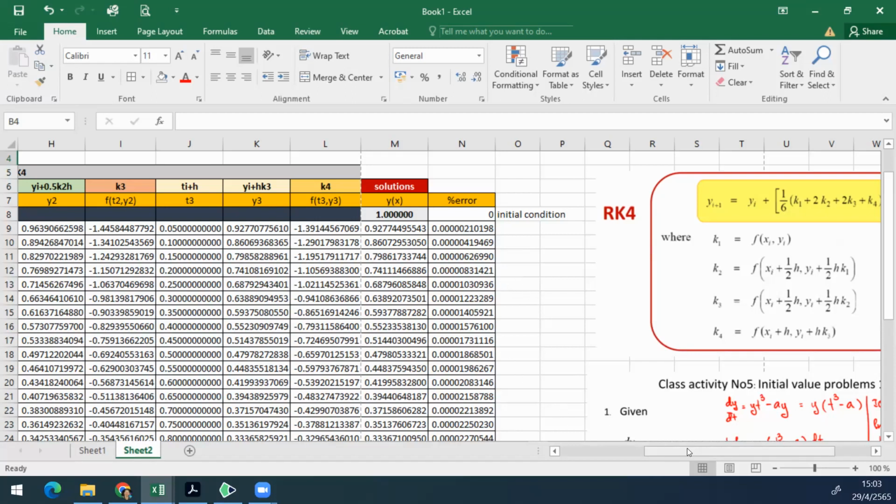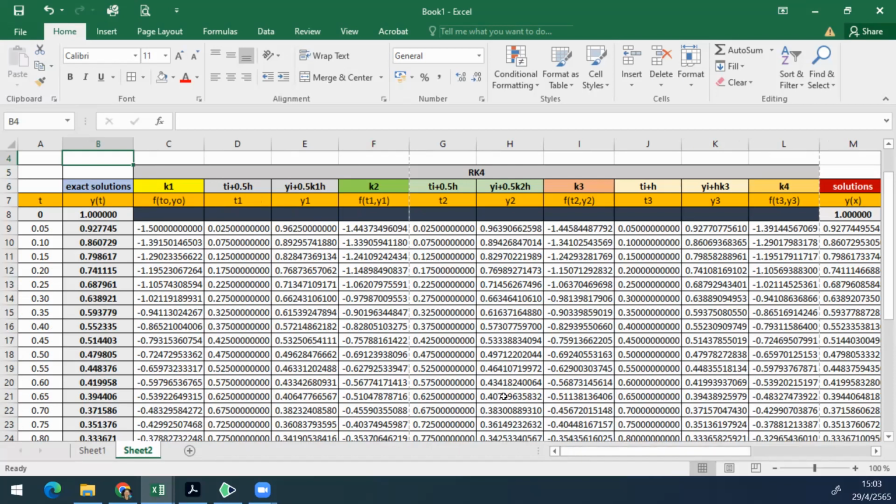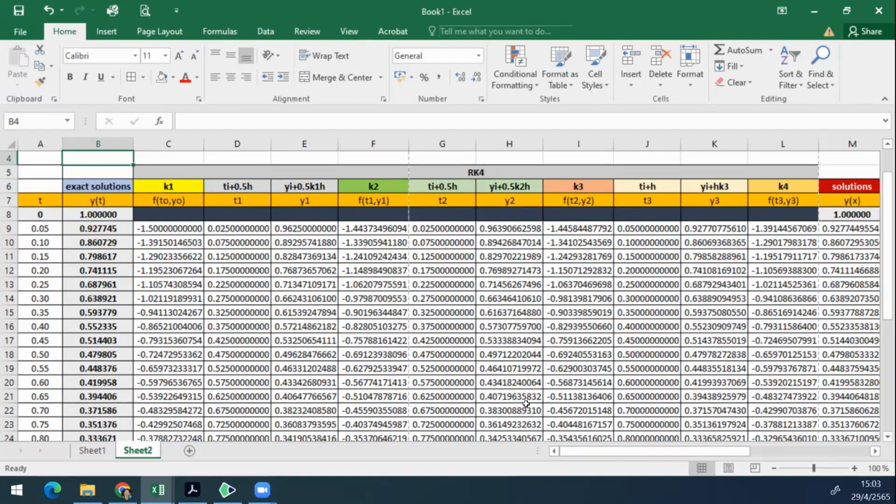Actually, for the Runge-Kutta technique, it's not only 4th order; we also have 5th order, 6th order, 7th order, and more than this. But for this course, we just consider the 4th order.